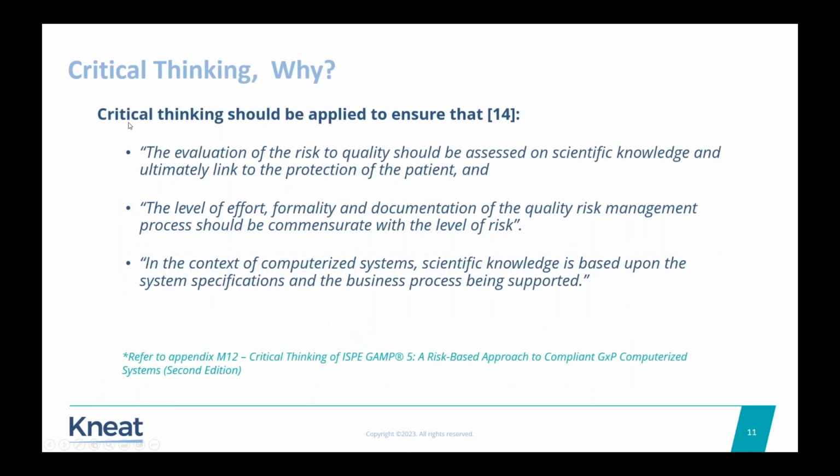So critical thinking and why. From the GAMP 5 guidance, the evaluation of risk to quality should be based on scientific knowledge and ultimately linked to the protection of the patient. And the level of effort, formality, and documentation of the quality risk management process should be commensurate with the level of risk. Again, we're putting the patient at the center of the process here, right?